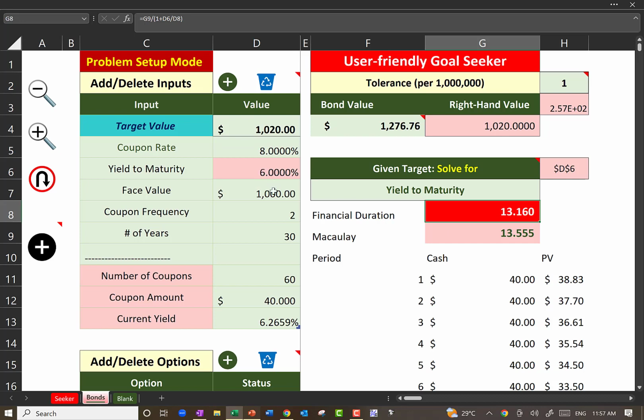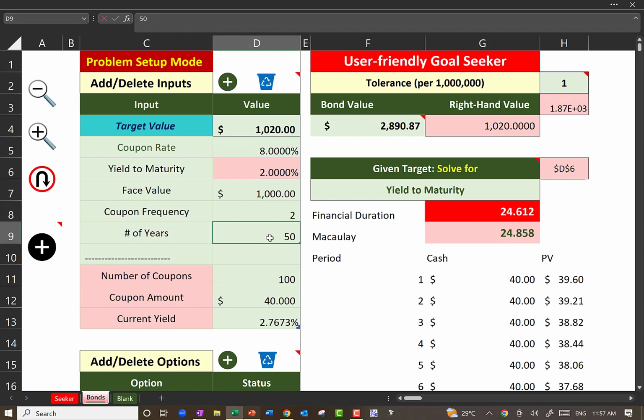Okay. So we learn two things from this. A, Macaulay duration and hence financial duration increases with the maturity of a coupon bond. And B, if the yield to maturity is lower, the interest rate risk is actually higher.